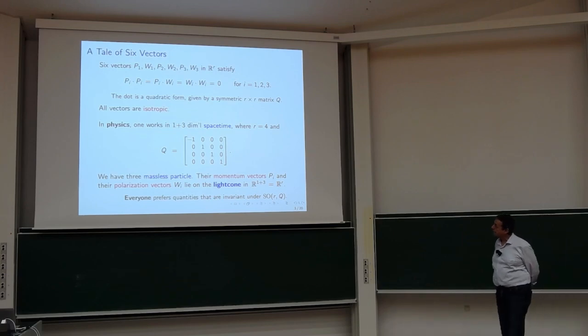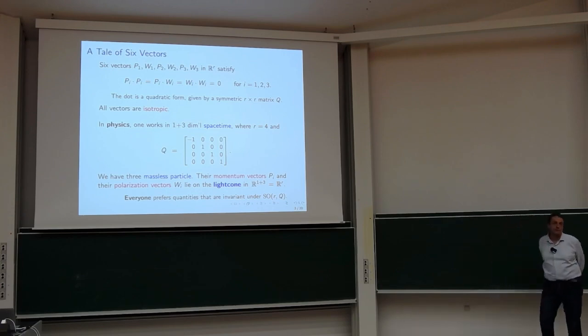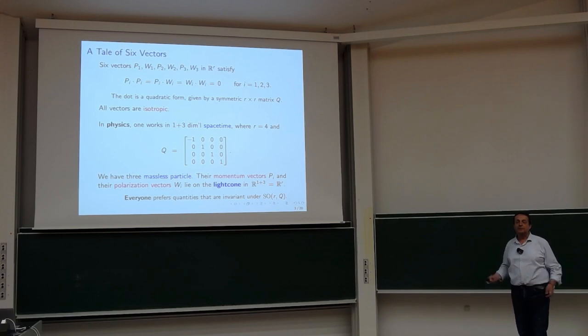The Pi are called momentum vectors, and the Wi are called polarization vectors. And this condition of dotting to 0 forms the light cone. The universal speed limit says you have to stay inside the light cone, but you could be really fast, like a photon, and be on the boundary of the light cone.